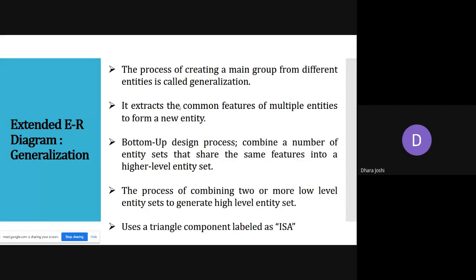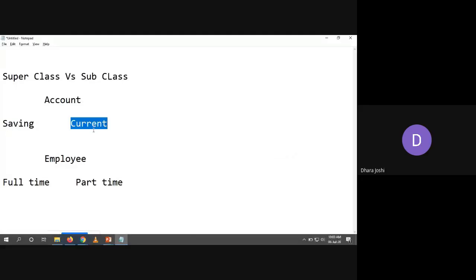So it extracts the common features of multiple entities to form a new entity. Here the common attributes of these two are account number, name of account holder, and mobile number.